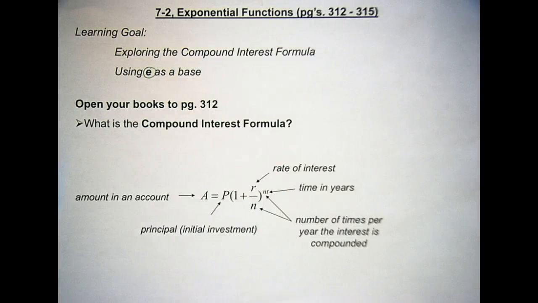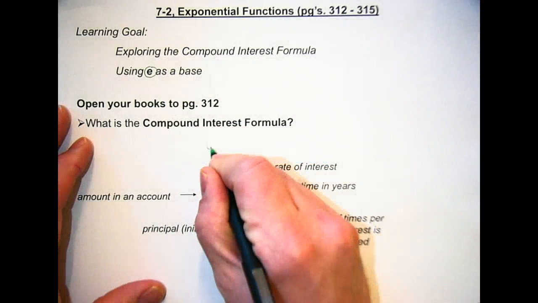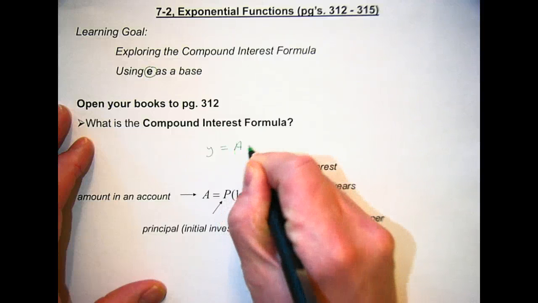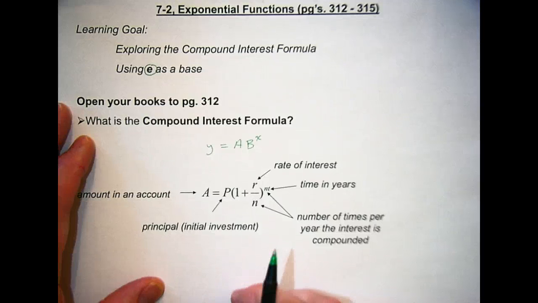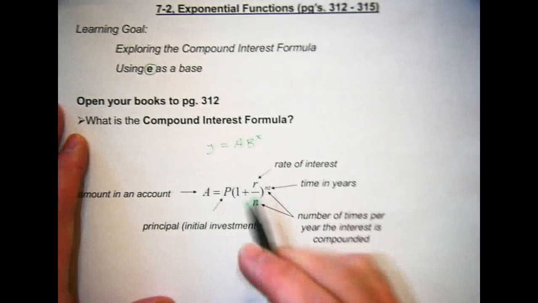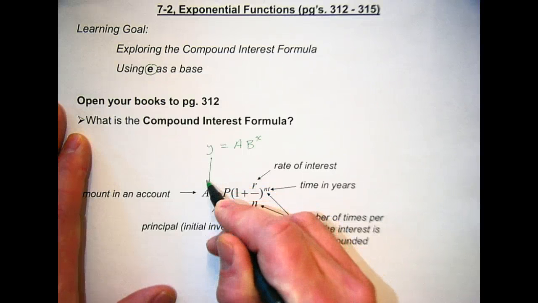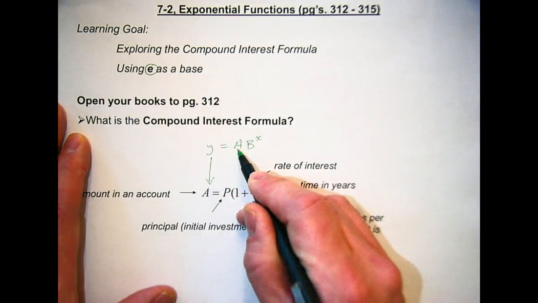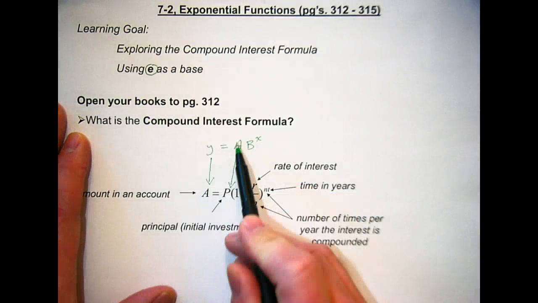All right, so let's relate this to what you already know. We know this formula, y equals a b to the x. Usually use lowercase, sorry about that. If we're relating these things, y corresponds to a, and a corresponds to P. Note that this A and this A are not the same thing.